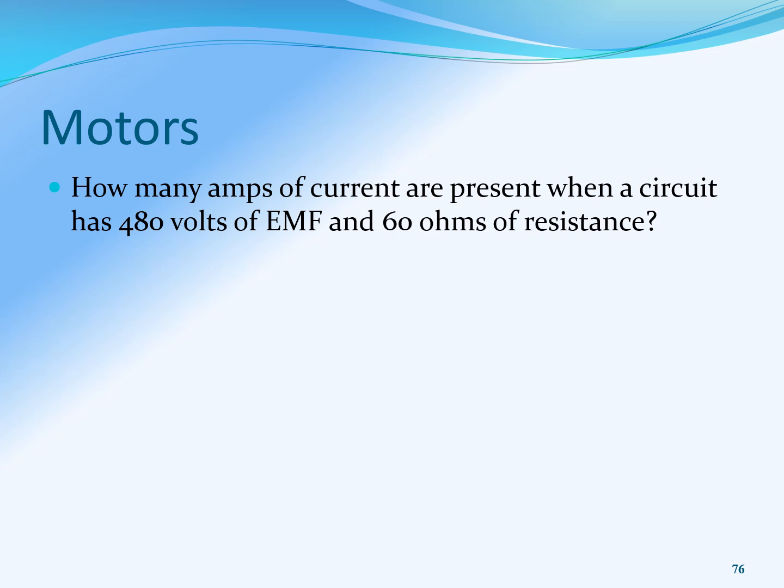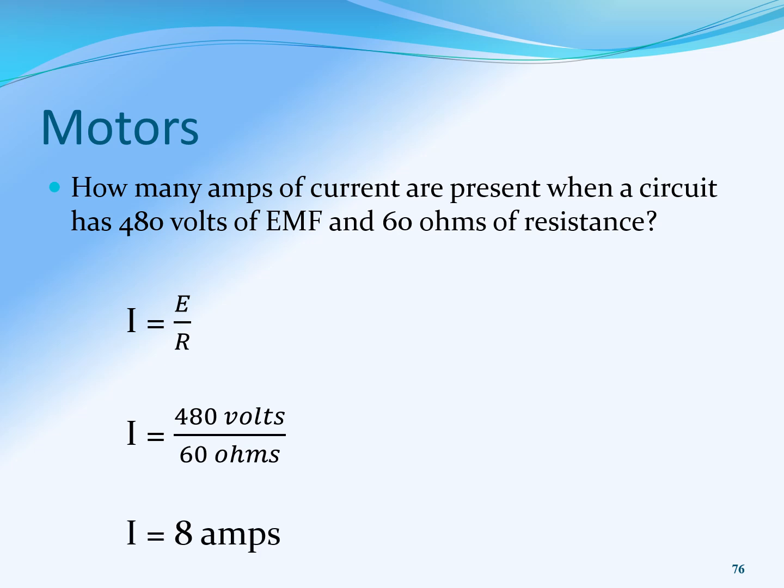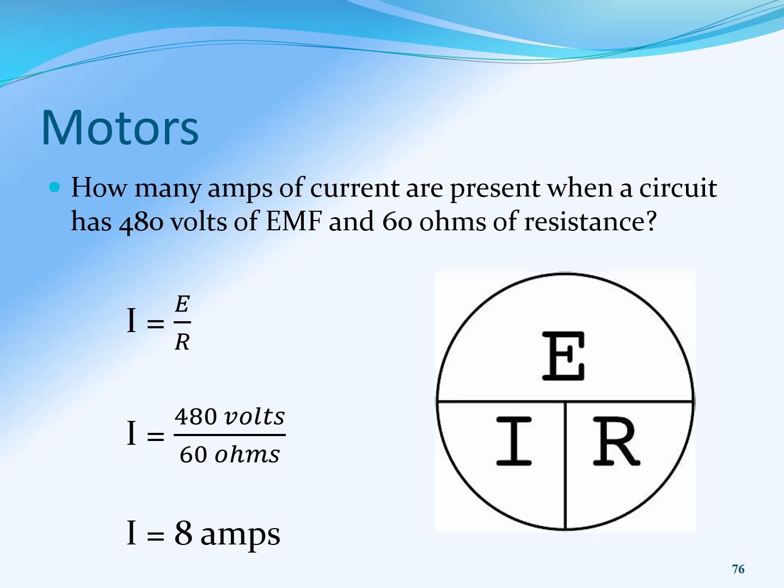In this case, we're trying to solve for I, so our equation will be set up as I equals E divided by R. If we take the information from the problem and plug it into our equation, you've got 480 divided by 60, and that will net you 8 amps. Again, E divided by R will equal I.